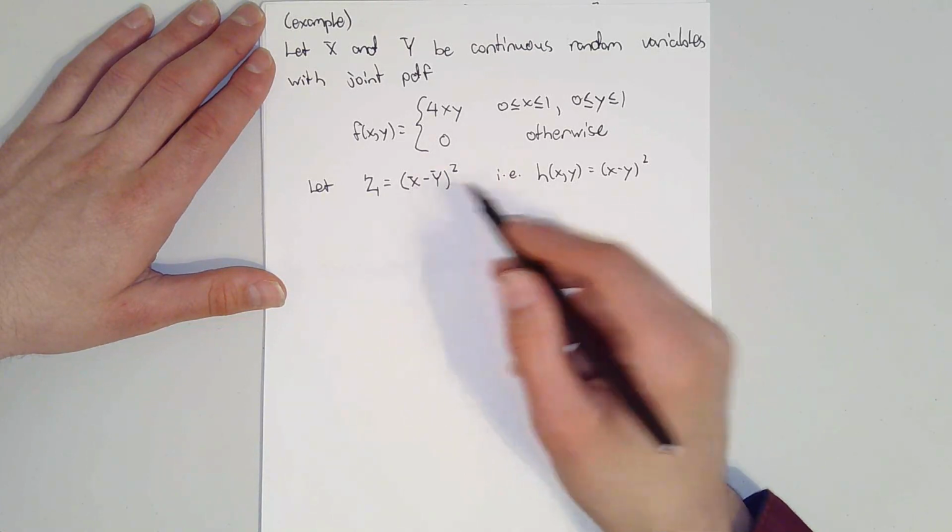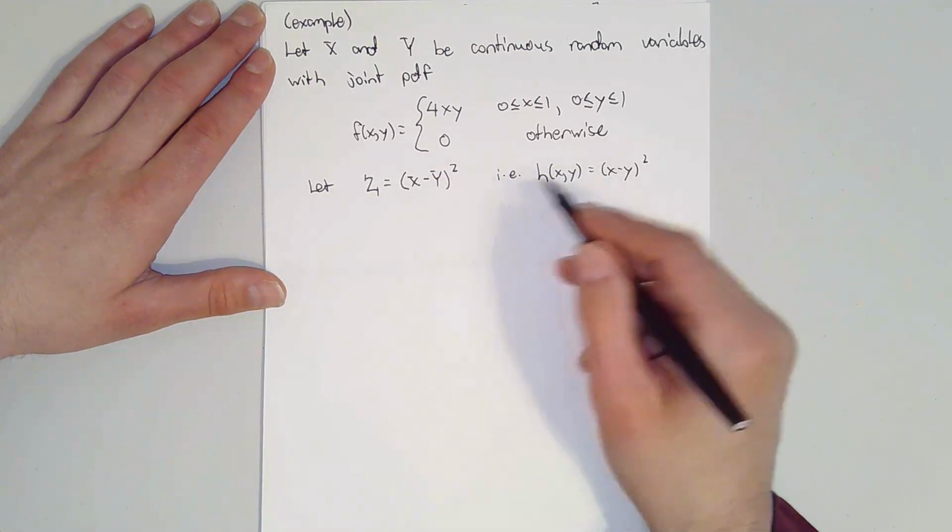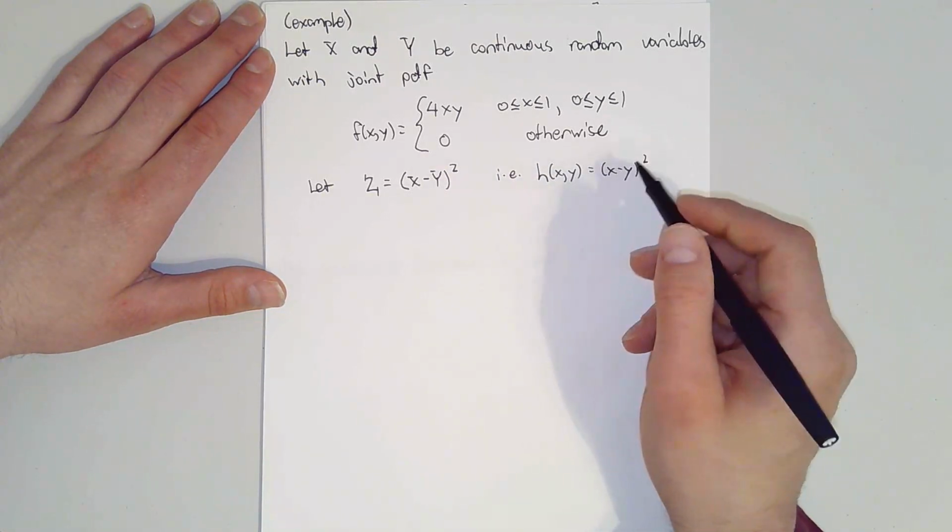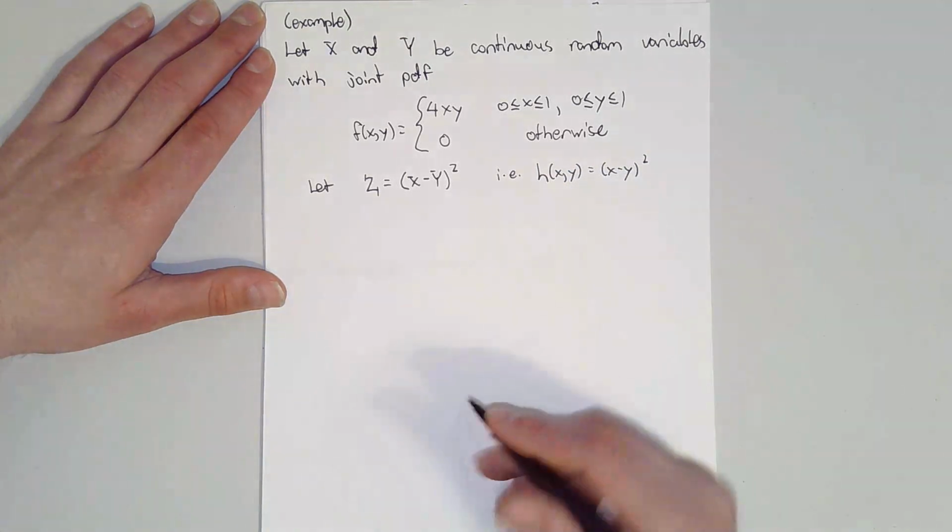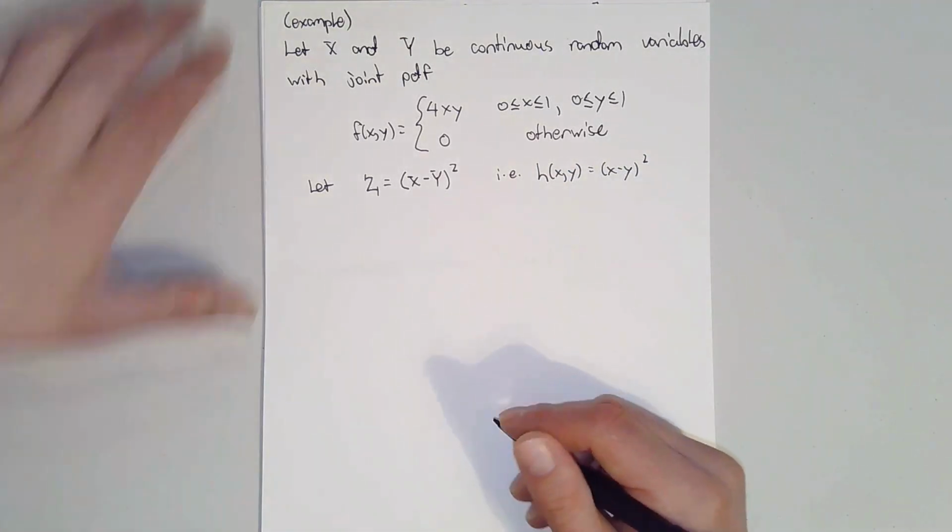Just to see what this corresponds to, this is the function h of x y, which is just (x minus y) squared. So how do we figure these things out?